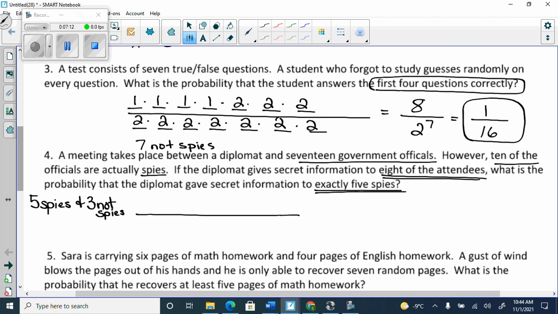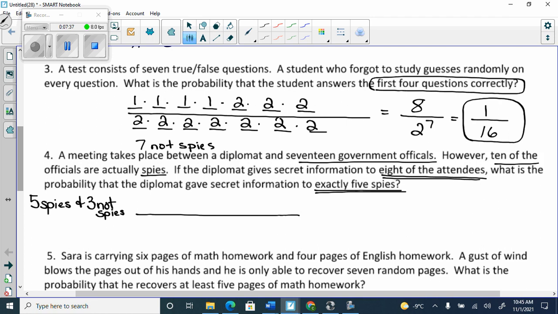If I'm choosing spies from spies and not spies from not spies, is it a perm or a comb? When you do principals from principals, students from students, boys from boys, girls from girls, adults from adults, kids from kids, spies from spies, what do we use? C. Is there any order to them?